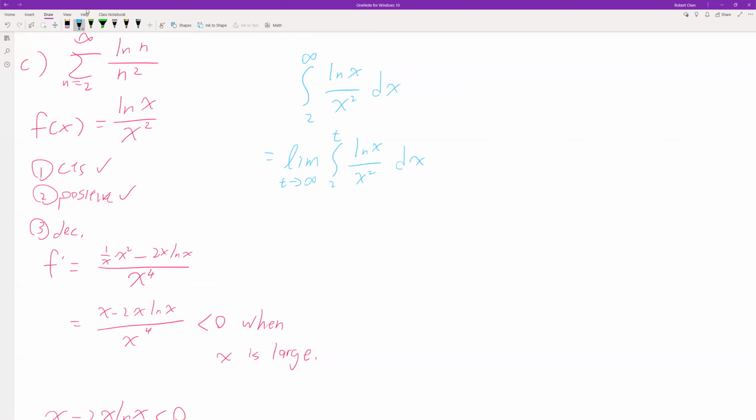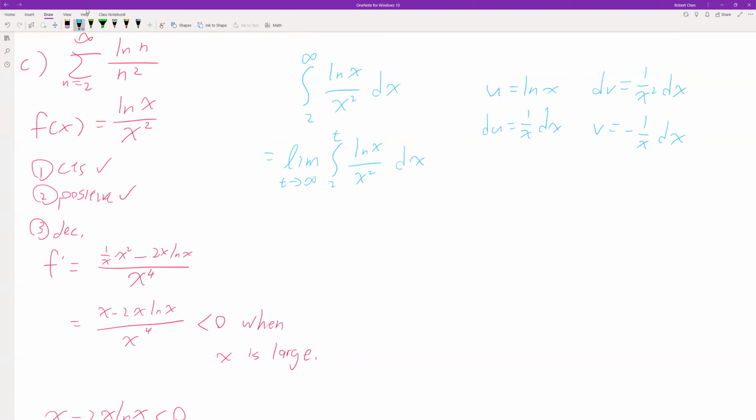Because we have ln and we have x squared. It's a little hard to use u-substitution, right? So let's do integration by parts. I'm going to let u be ln x, dv be 1 over x squared dx, and du will be 1 over x dx, and v will be negative 1 over x.